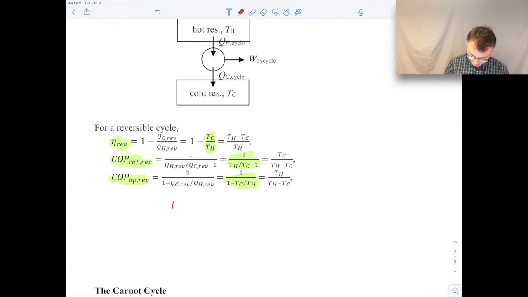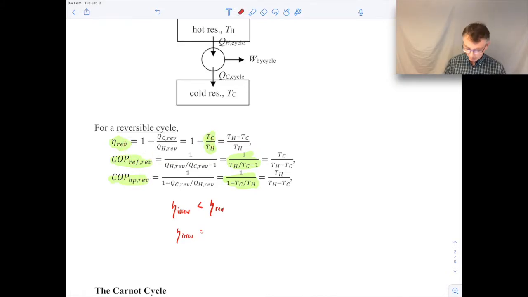The other thing is that the efficiency or the performance measures for irreversible cycles will always be less than the performance measures for reversible cycles. We talked about that last time. If you want to calculate the thermal efficiency, for example, for an irreversible cycle, you cannot use the absolute temperatures of the reservoirs. You can only use the absolute temperatures when it's a reversible cycle.